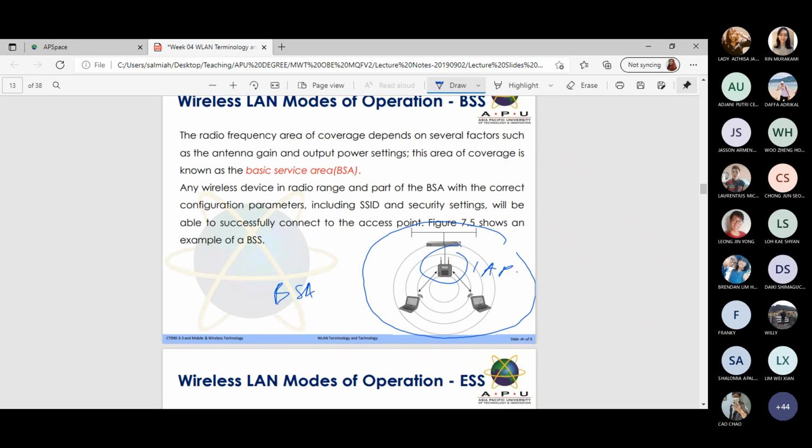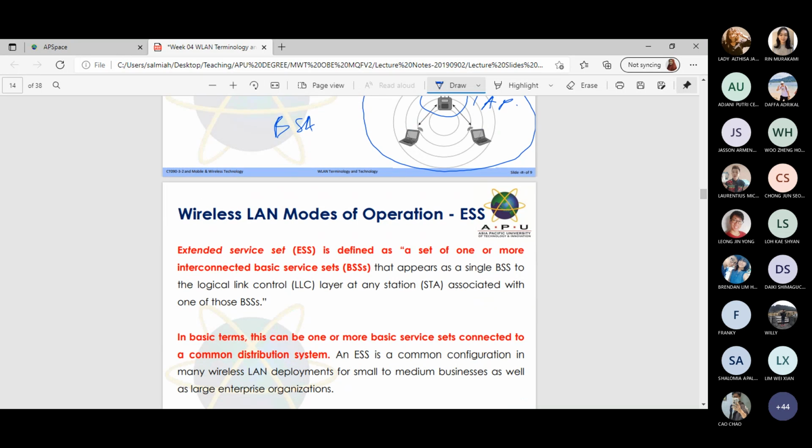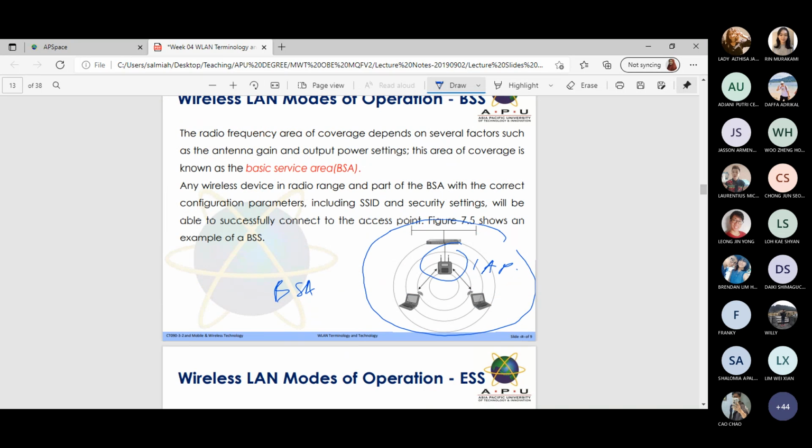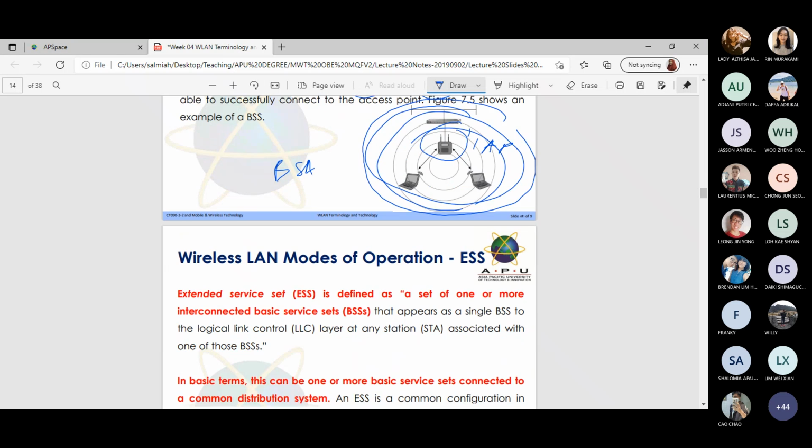Of course, important things such as SSID and security settings, whatever we have in independent mode, still remain there. But the good thing is we have security management control over this BSA.